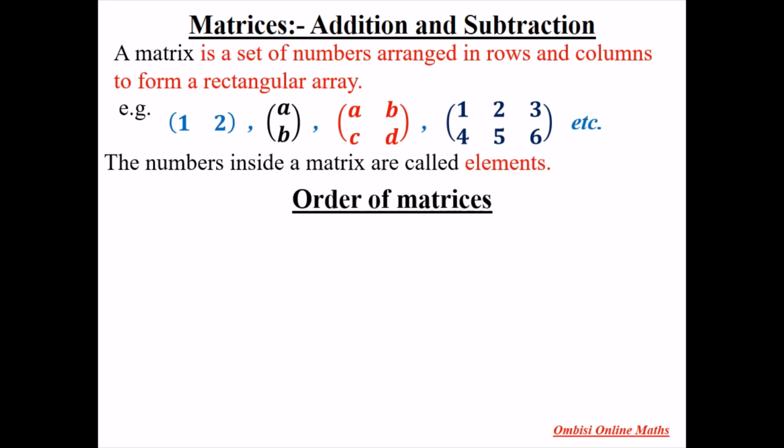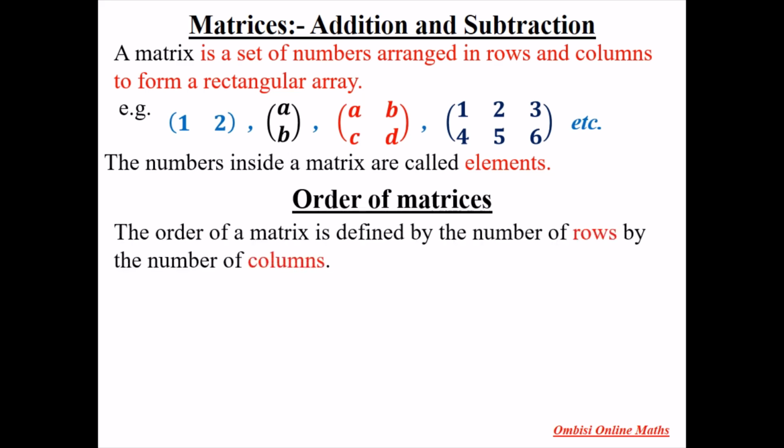Now, let's look at the order of matrices. What do we mean by order of matrices? The order of a matrix is defined by the number of rows and the number of columns. We look at how many rows and how many columns are present in a matrix. For example, take the matrix 4, 5 and 6, 7.